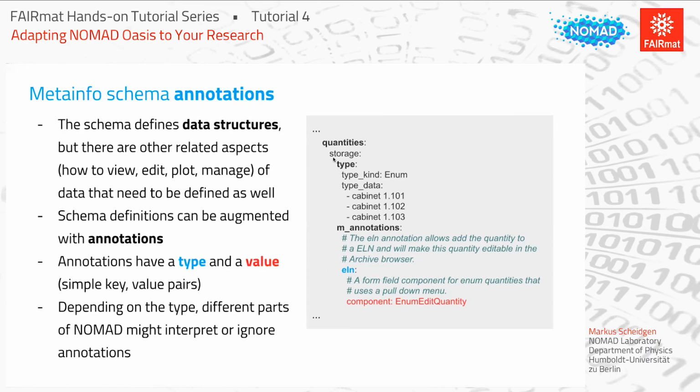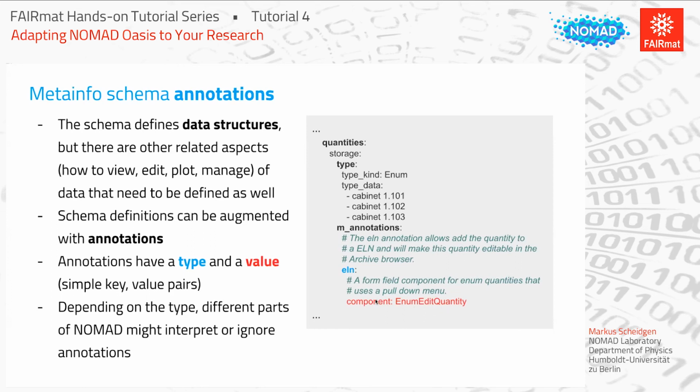So here in this example, I define a quantity storage and I say it's of type enum, and then I provide a few enum values. And then with this annotation, I can basically enable the ELN functionality and make this editable. And then the GUI would not just show the value, it would actually provide me with a form field, and it would use this component, which would allow you to choose from the enum values through a drop-down menu, a pull-down menu, and so on and so forth.